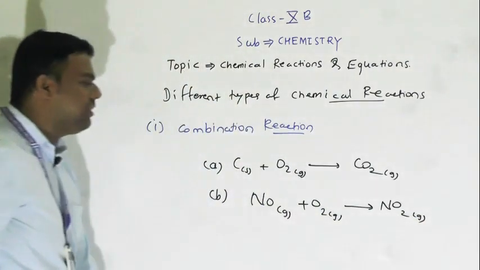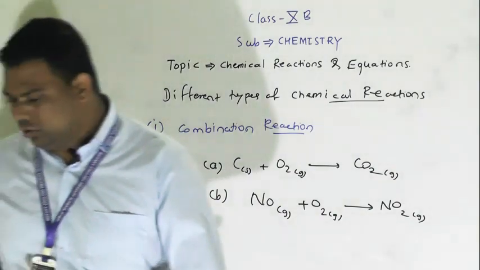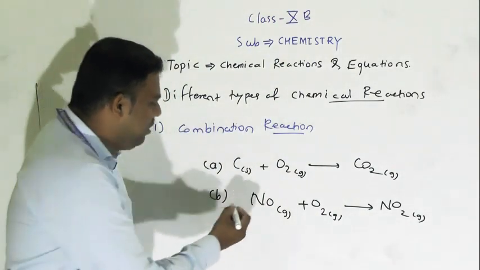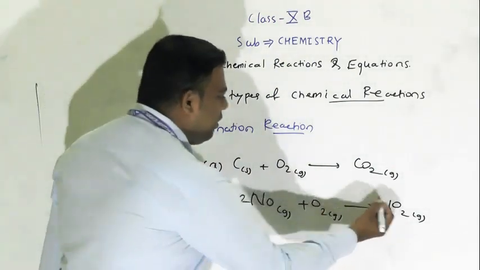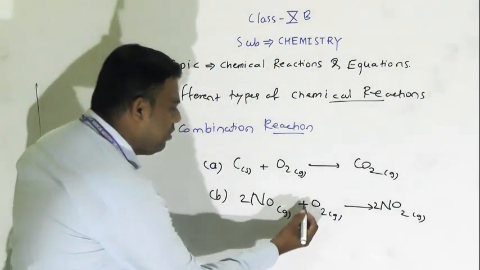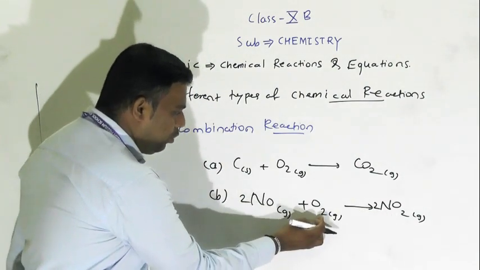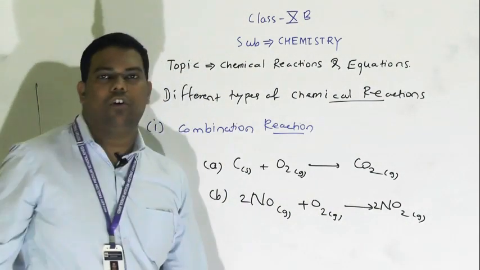NO2 gaseous. For balancing this reaction, 2NO, and here also 2. Is our reaction balanced or not? Yes, 2 N, and oxygen here 4, and here also 4 oxygen.